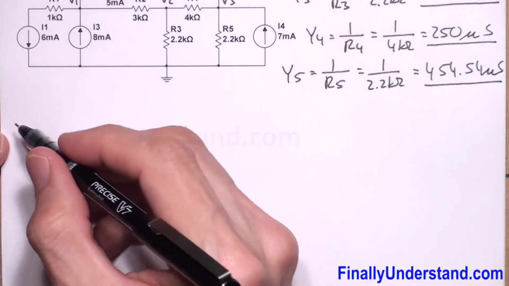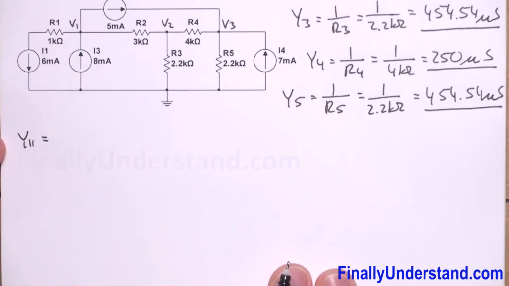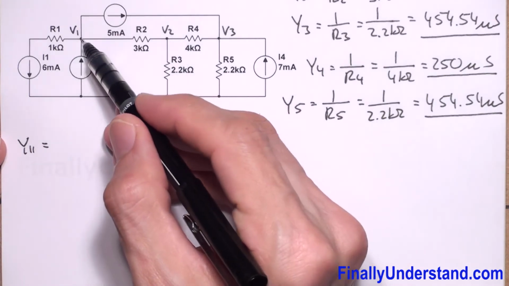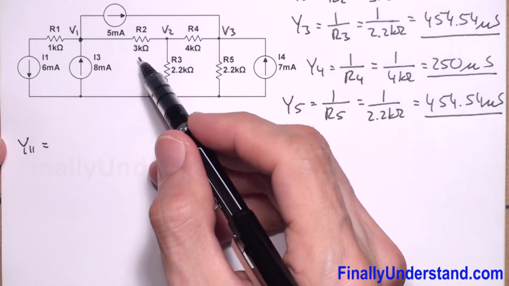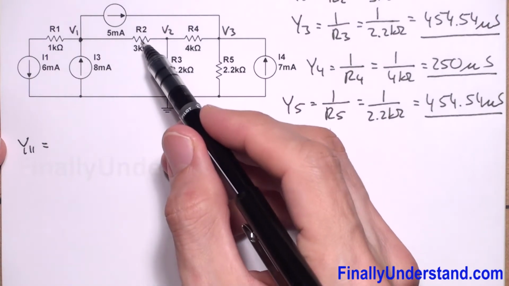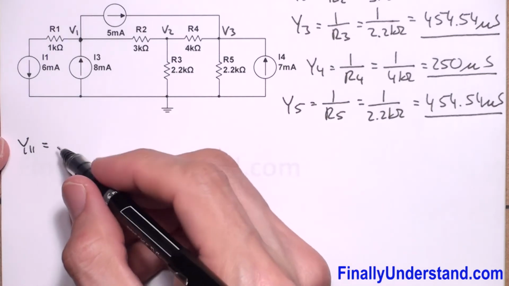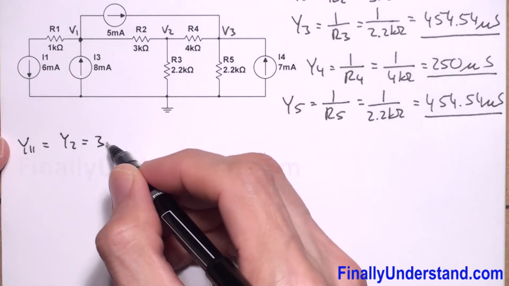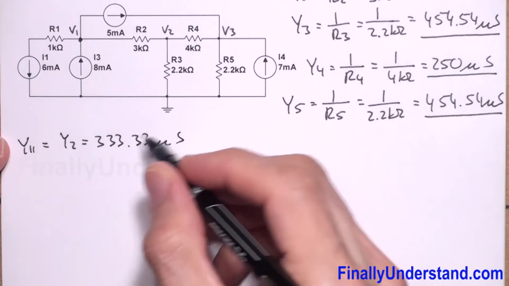Next, I'm supposed to find Y11, where Y11 is the sum of the admittances connected to node 1. As we said, we're not going to consider this one. So we have just one admittance, Y2, connected to this node. That's why Y11 is equal to Y2, and this is equal to 333.33 microsiemens.